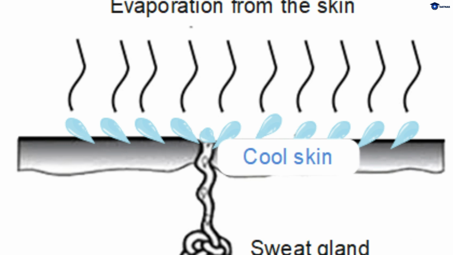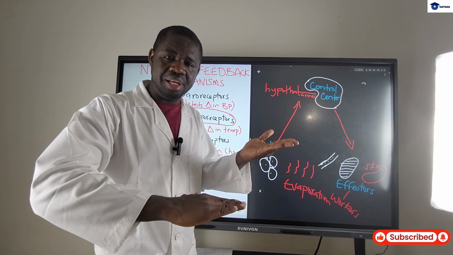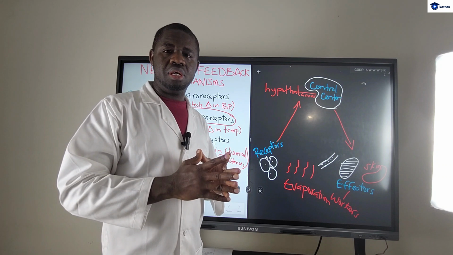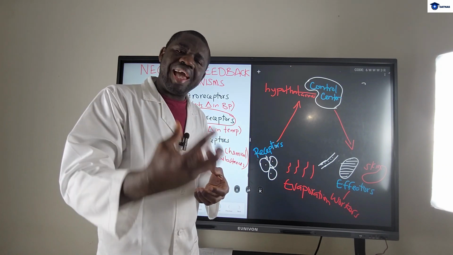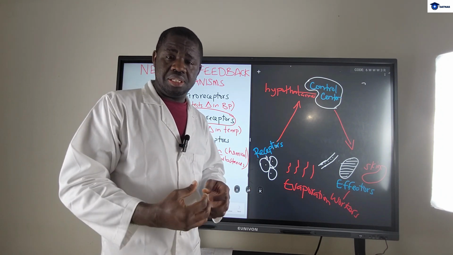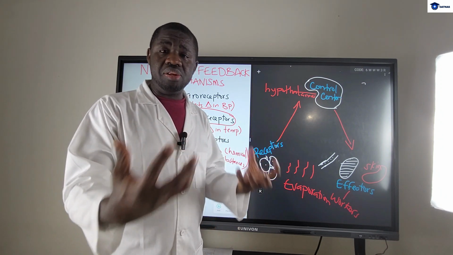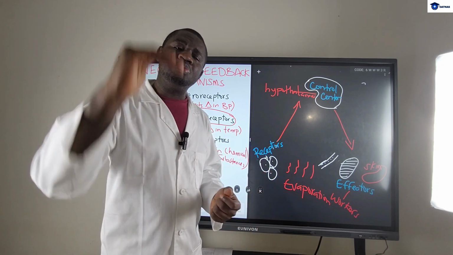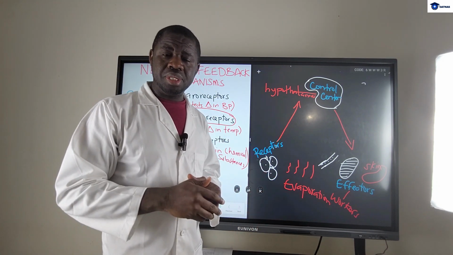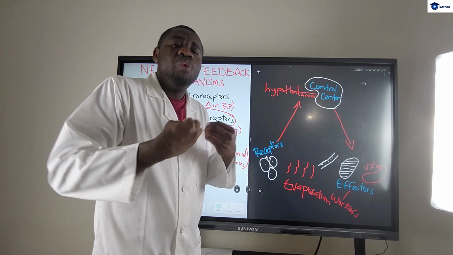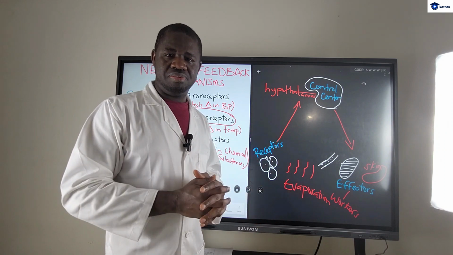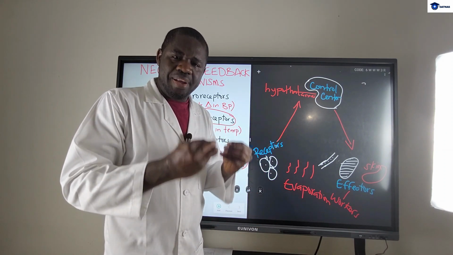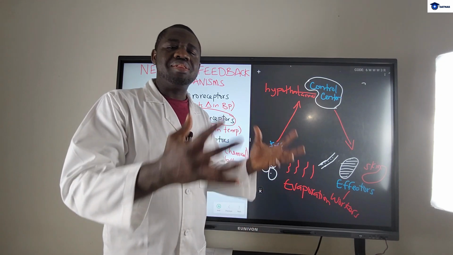So when the body is cool, the temperature begins to decline, begins to be normal. Which means that if we don't use external measures such as Tylenol or Motrin to bring down the body temperature, the body itself has a way of regulating these changes. Nature has a way of regulating these changes.